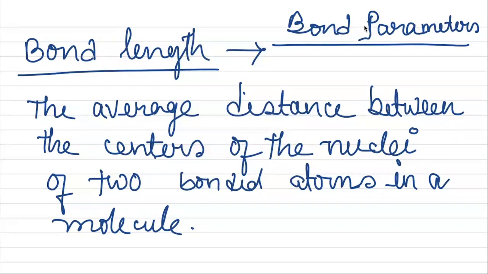Covalent bonds are characterized by certain parameters: bond length, bond angle, bond enthalpy, and bond order. So we will learn in detail today about those parameters.